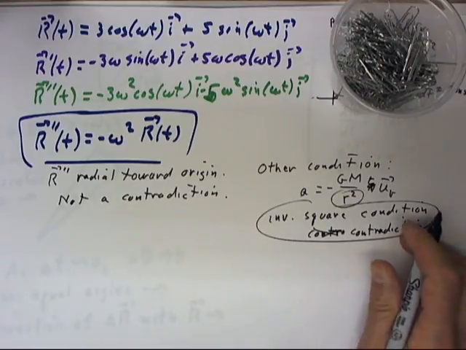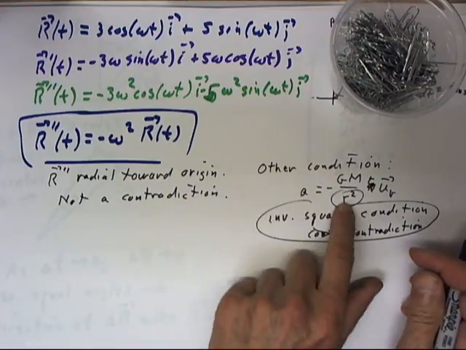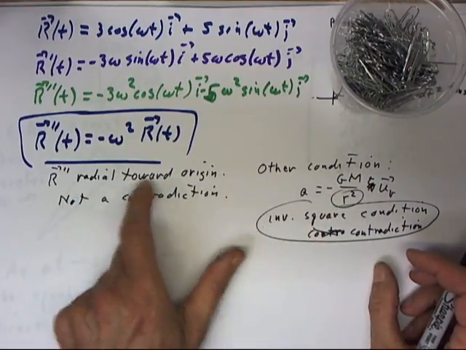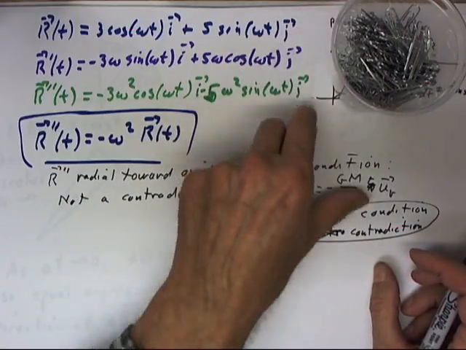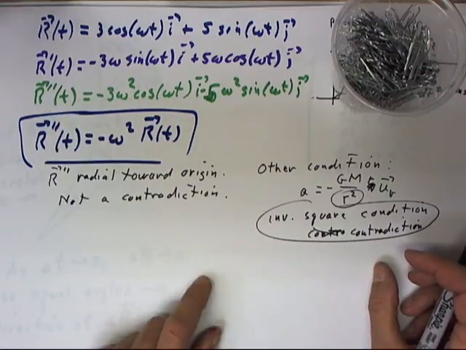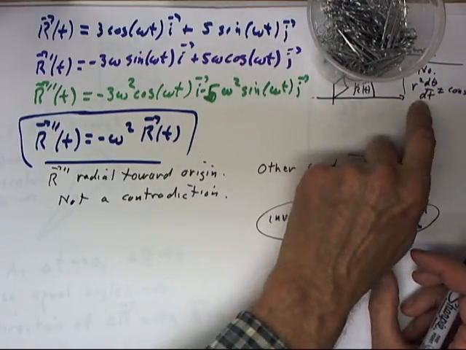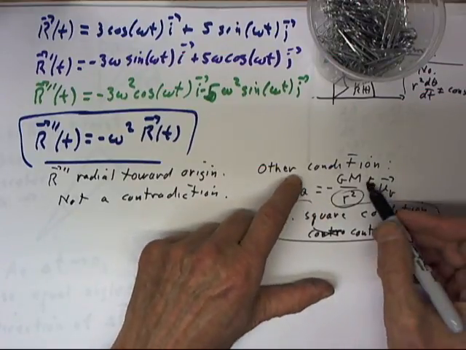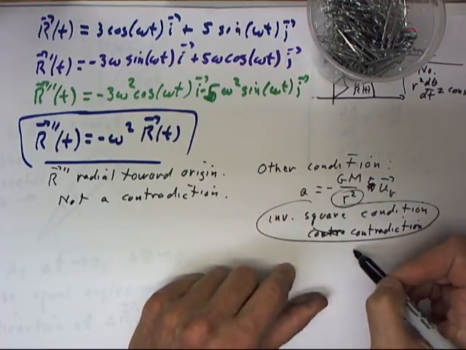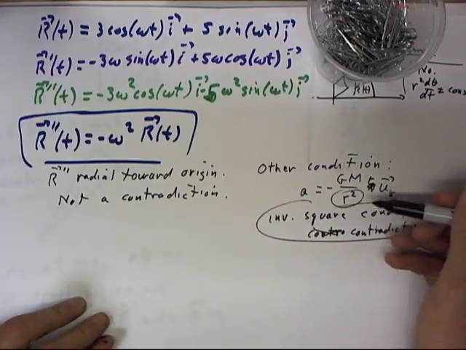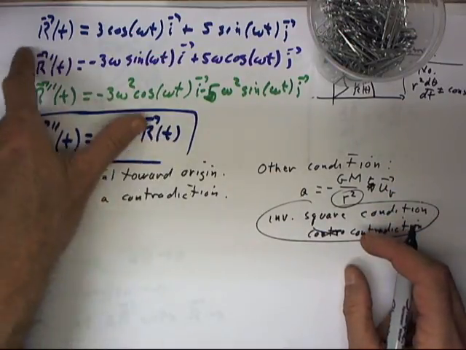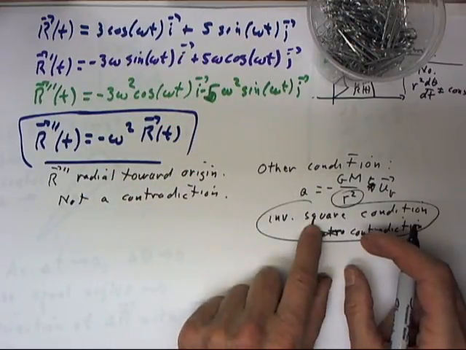This is a contradiction. These are the only two conditions. It's radial, it's an inverse square. If these two conditions hold, then this is a possible orbit. But since we know that the necessary condition does not hold, then this force will not be an inverse square. And we could go into the calculations, and we might come back to this later and show that this force does not result in an inverse square.